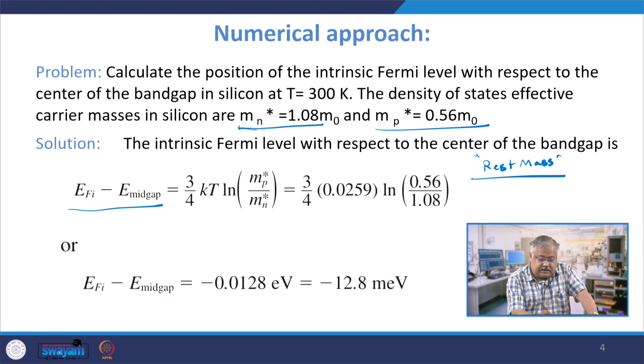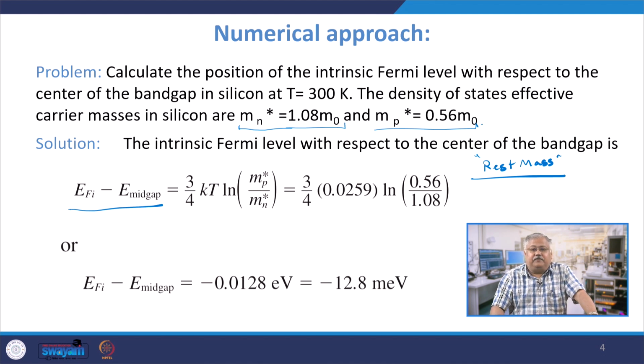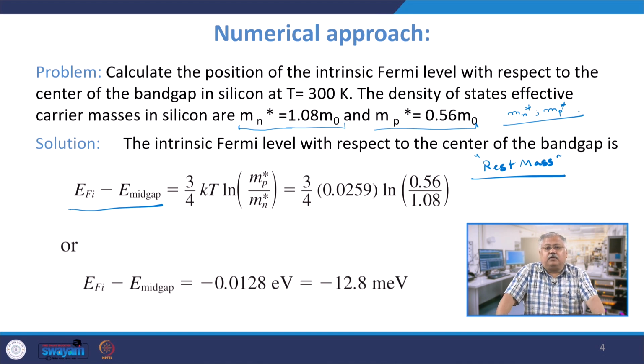Mn star is basically the effective carrier mass, and it is 1.08 times the rest mass, and Mp star is basically my hole effective mass, and it is 0.56 times the rest mass. Mn star and Mp star are known as effective masses, and they are a strong function of the E-k diagram, which you already know.